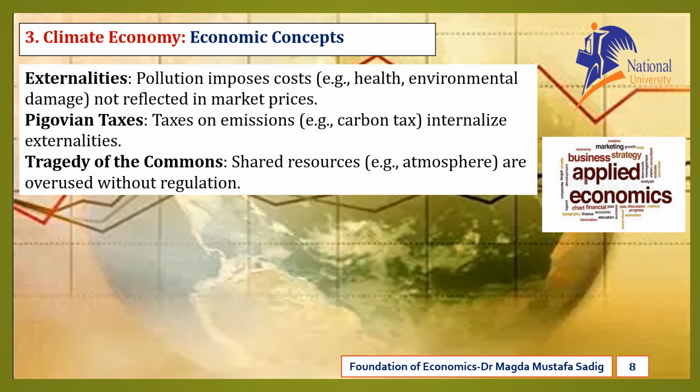This explains the urgent need for international cooperation and environmental regulation. So these economic ideas, externalities, taxes, and common resources, are not just theory. They guide real-world climate policy debates, from global agreements like the Paris Accord to national carbon pricing strategies.